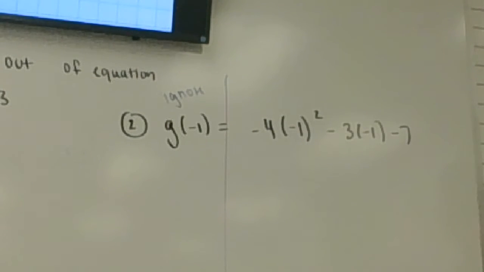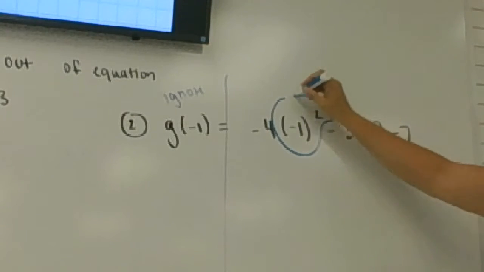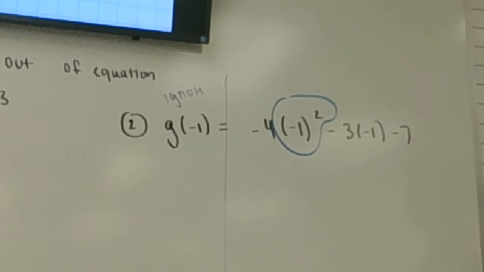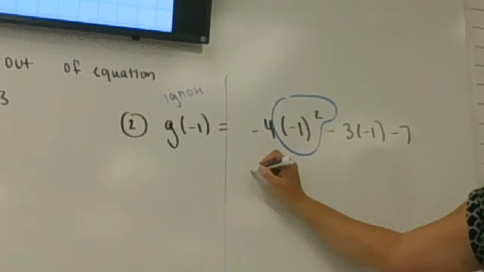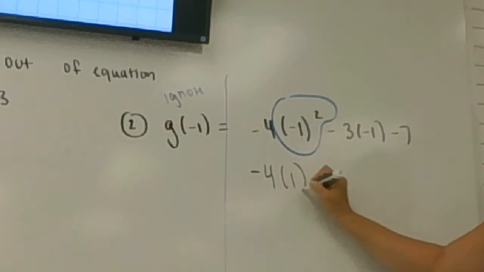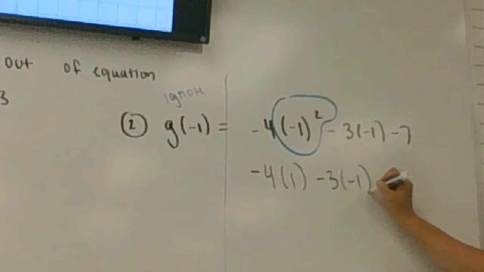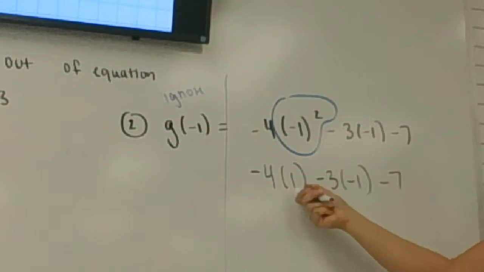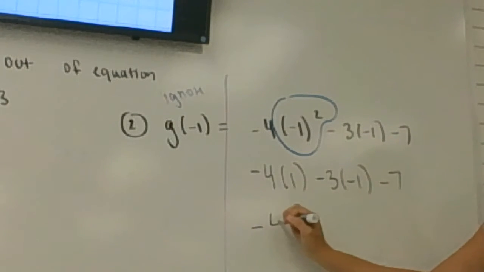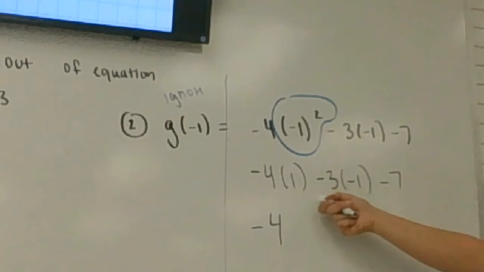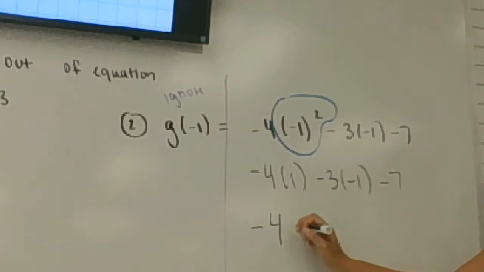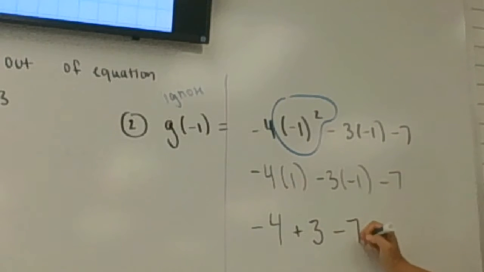All right, so Libby, what are we going to do first? So what is -1 times -1? +1. Okay, -4 times a +1 is a -4. -3 times a negative is +3. Questions so far?